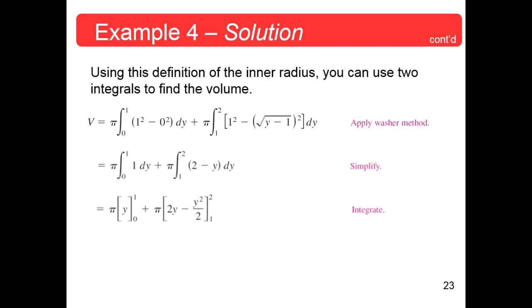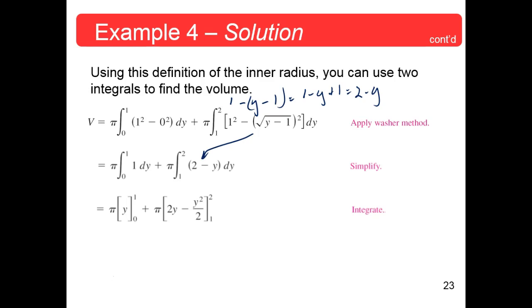But this one, when you square this, you get 1 minus this thing squared would be y minus 1, but it's a minus y minus 1, so this would be 1 minus y plus 1, which is then 2 minus y. They did a big jump to get from there to there, not showing you how, but it's pretty simple. That's why it's 2 minus y here.